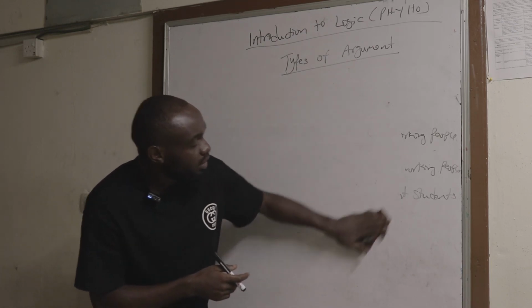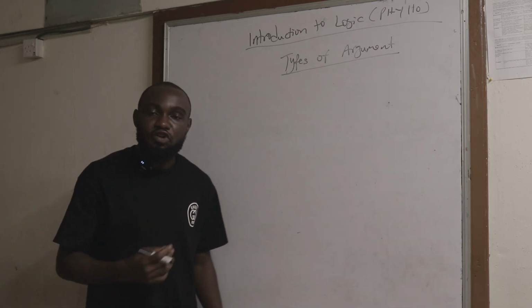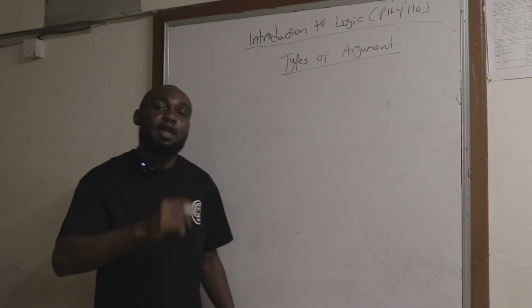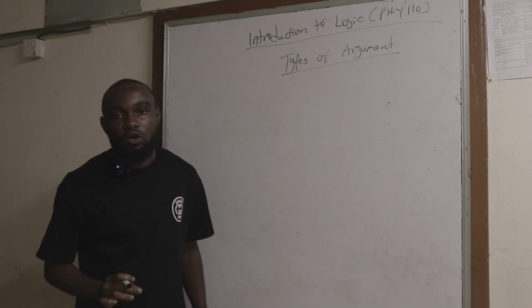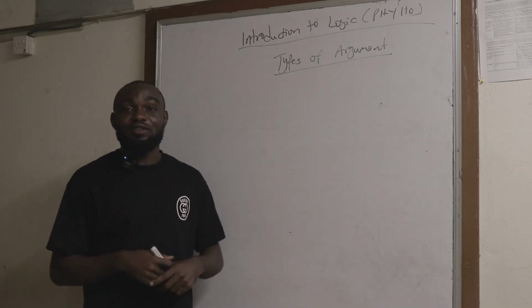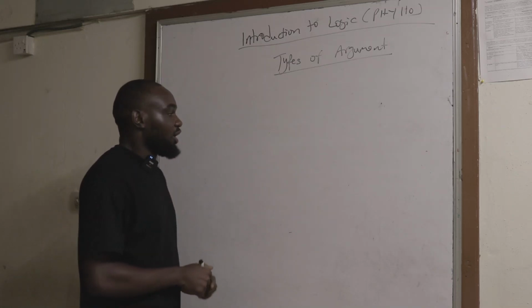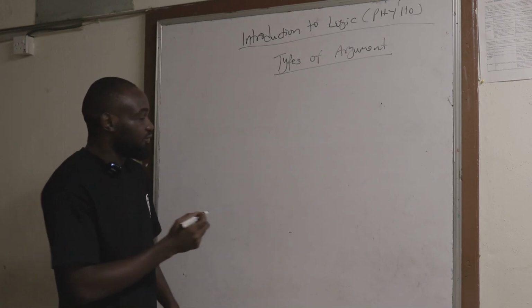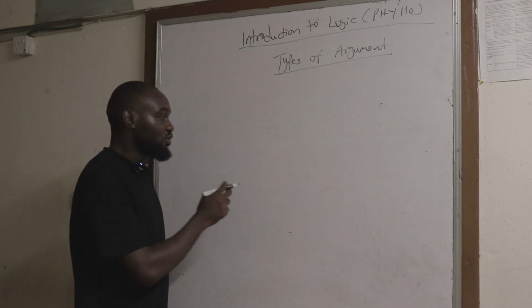An inductive argument, according to classical Aristotelian logic, is an argument which moves from a particular premise to a general conclusion. All right, guys, I'm going to give an example of an inductive argument according to classical Aristotelian logic. So an example goes like this.